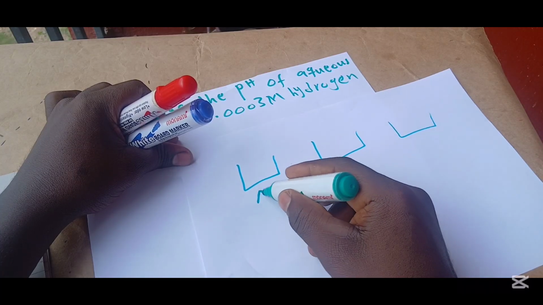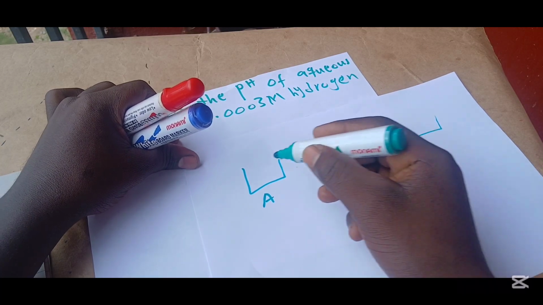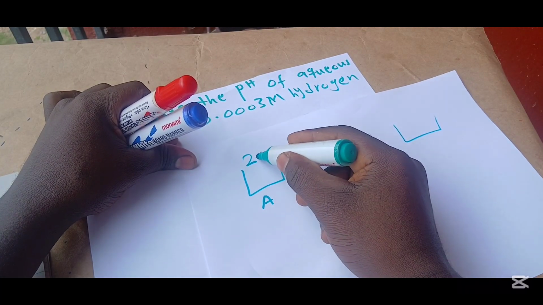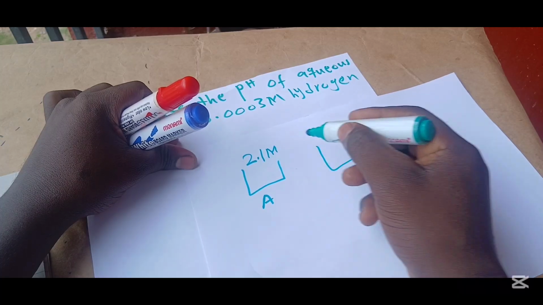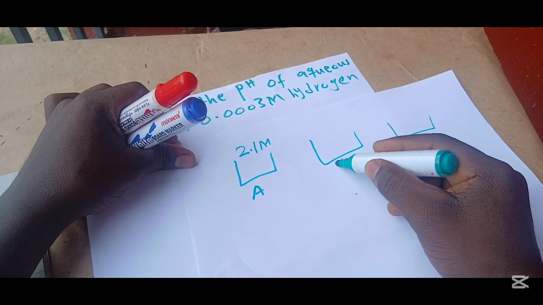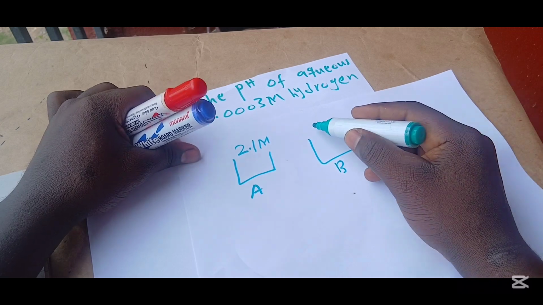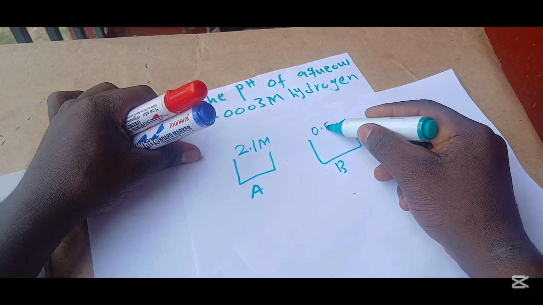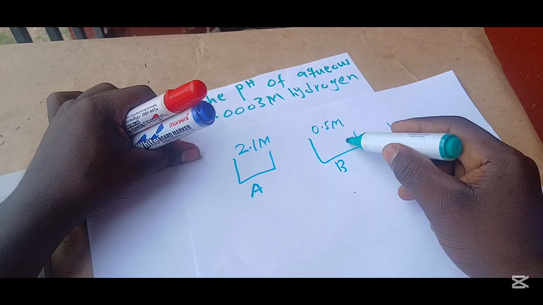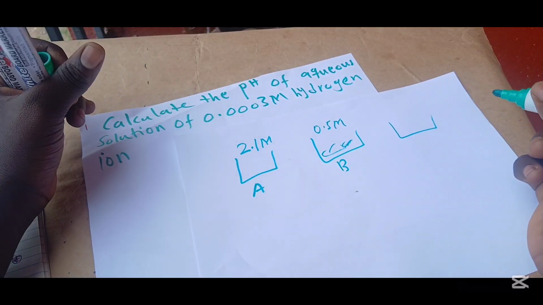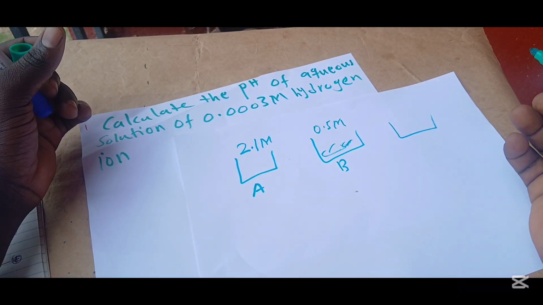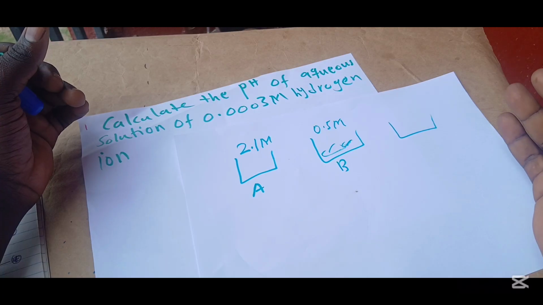Let's say if I say solution A is acidic, I should be able to say it is 2.1 molar acidic. Or if I say solution B is acidic, I should be able to give a value, let's say 0.5 molar acidic. And the value is going to tell me how strong or how concentrated the acid or the base is.